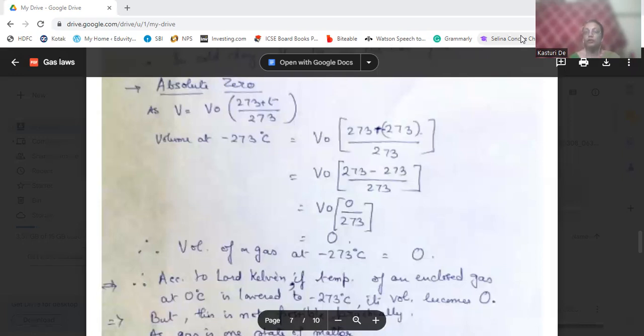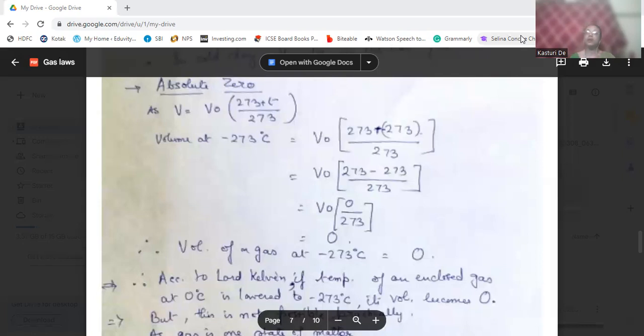So according to Charles' law, V is equal to V0 times (273 plus T) by 273. And we know from this graphical expression that volume at 0 degrees centigrade will be 30 ml and at minus 273 degrees centigrade, the volume becomes 0.